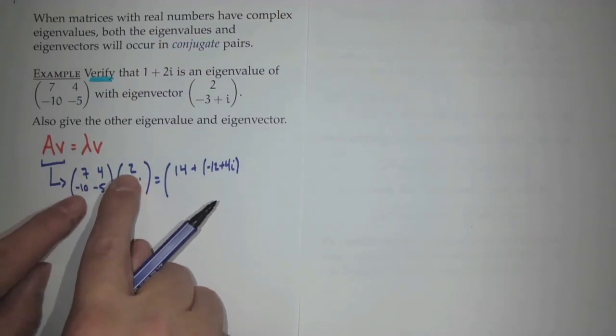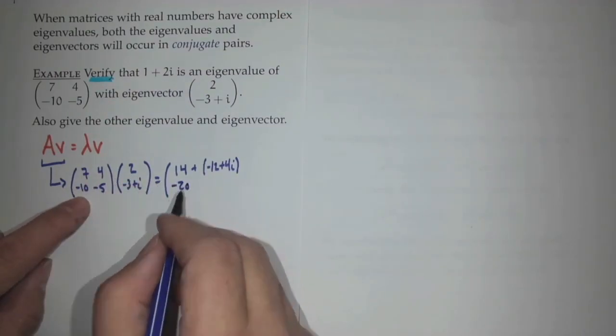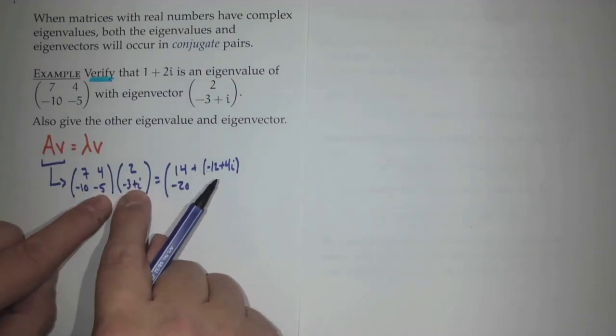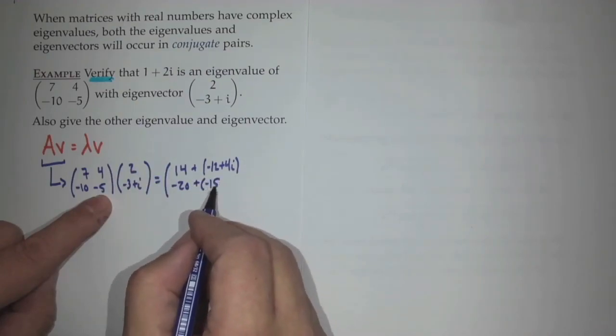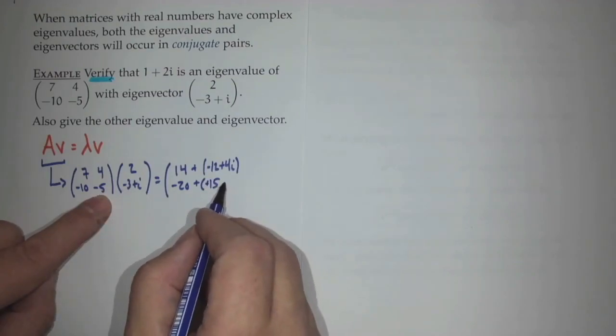All right, next row. 2 times negative 10, negative 20. Negative 5 times negative 3 plus i, so plus 15, since negative 5 times negative 3 is plus 15, and minus 5i.